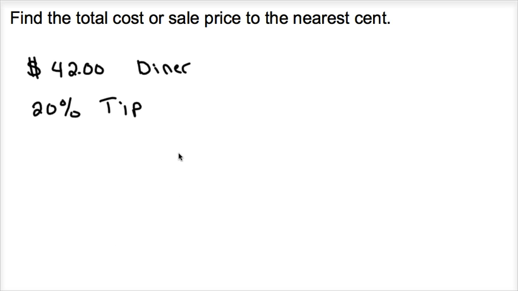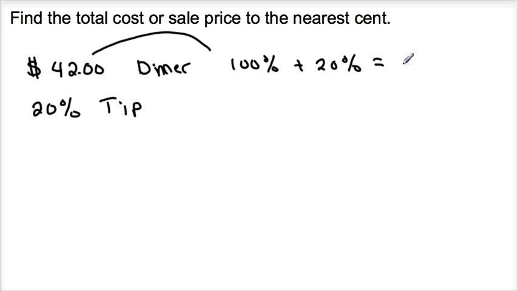So same question, find the total price or sale price. You have a $42 dinner, 20% tip. So rather than just finding the tip, you can find the tip and everything else. So you're going to pay 100% of your bill plus a 20% tip, which means you're actually going to pay 120% of your bill.